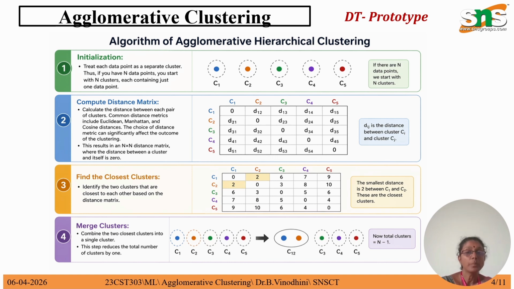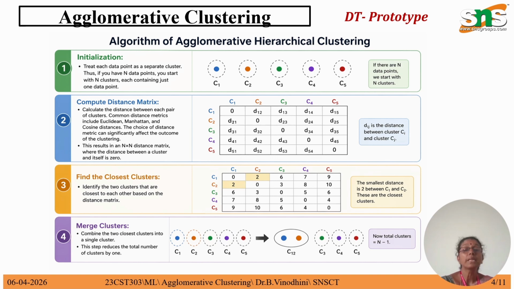For each data point we calculate, for example, C1 to C1, C1 to C2, C1 to C3, C1 to C4 and C1 to C5. The distance between C1 and all 5 data points, and C2 and all the data points, has to be calculated. That is the second step, computing the distance matrix.